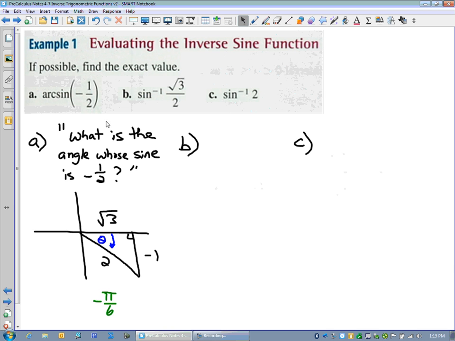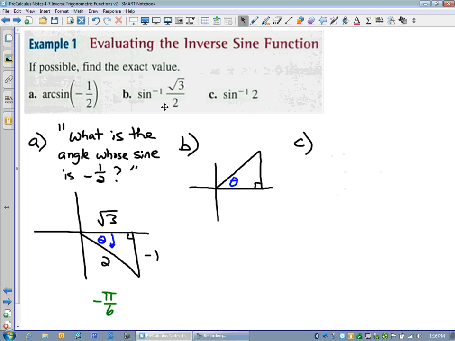Now that's a lot of thinking to go through, but as long as you're making the visualizations, these problems are going to become a lot easier. So let's look at a few more. Here I want the angle whose sine is √3/2. Well, notice how our values are positive, so that means we're going to be in quadrant 1, which makes this one nice and easy. So my theta is going to be the angle inside the triangle that touches the origin.